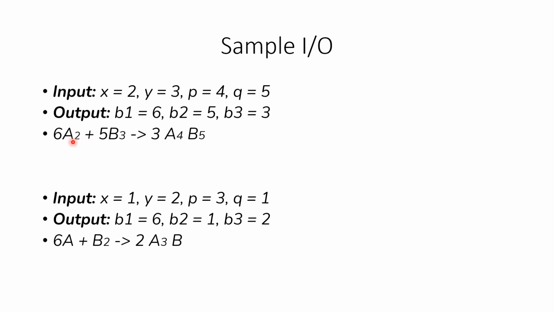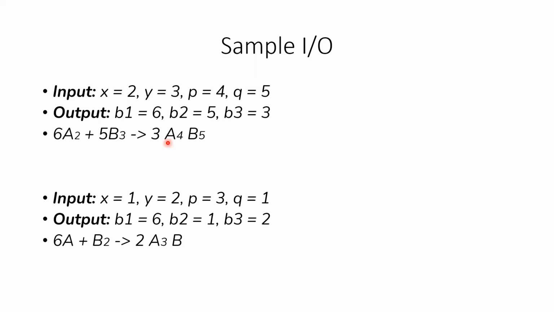We are trying to balance the amount of A on both hand sides to come out the same. Here 6 into 2, 12 is the amount of A, and here 3 into 4, which is the amount of A on the product side. On the reactant side also 12, on the product side also 12.